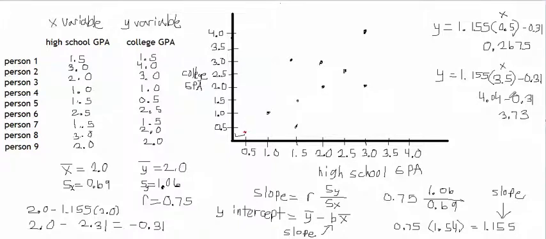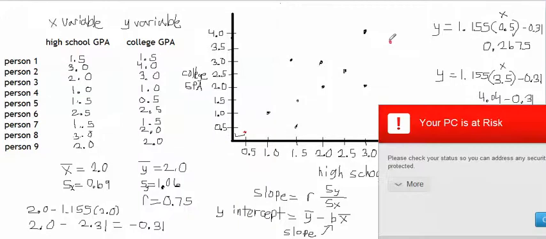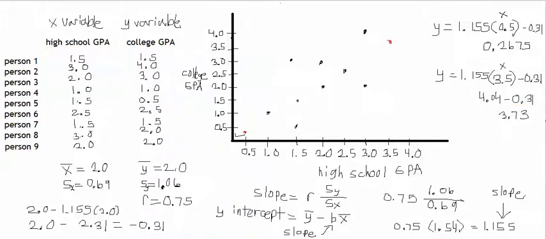When x was 3.5, y was about 3.73, which is about up here. Let's move over here. Make a dot right there. Now let's just make a straight line connecting these two dots. This is our line that goes through the scatter plot and shows our correlation. And it's called the regression line.